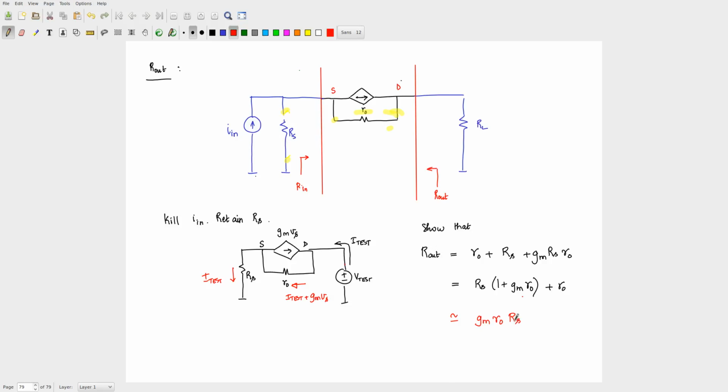So what is happening is that you now have a current buffer whose output impedance is much higher than your RS. Your RS was the impedance that your source itself provides. That impedance has now got multiplied by a factor of GM R0. So this guy is high.